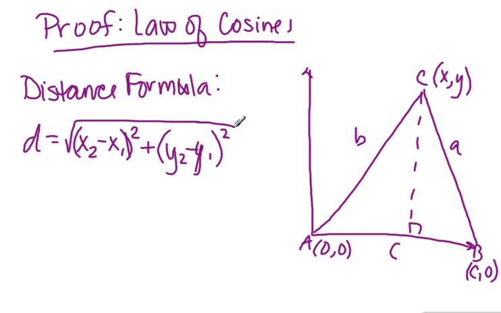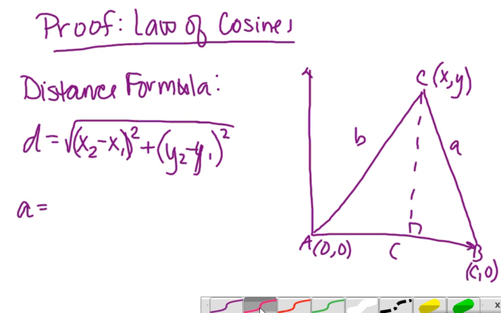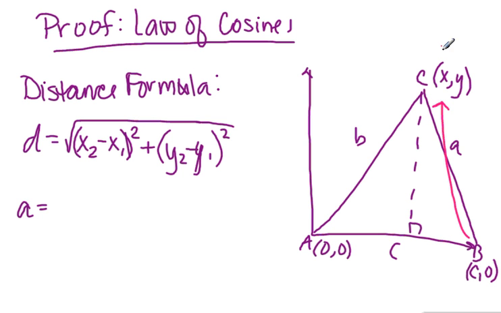Okay, so if I write that in terms of A, B, and C, I have A equals, let's see, what I'm doing is I want to go from B to C. I'm going from here to here. So this is my x2, this is my y2, here is my x1, here is my y1.